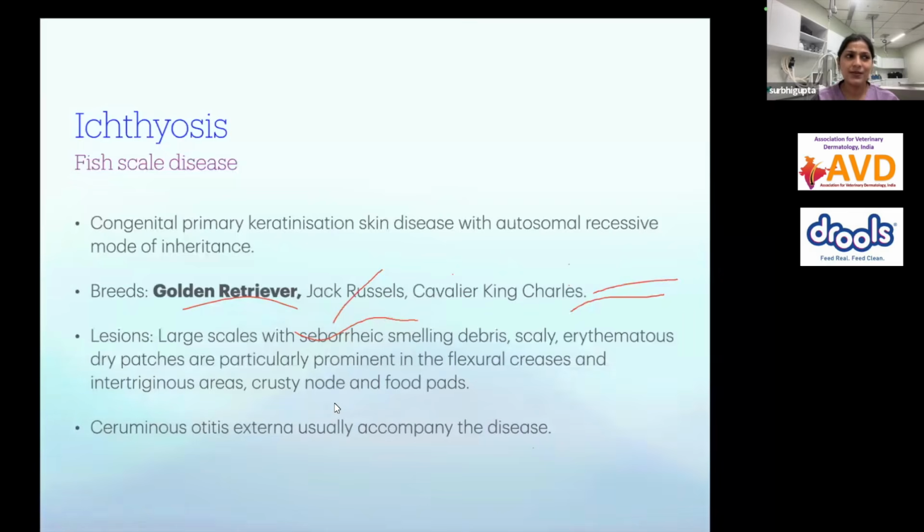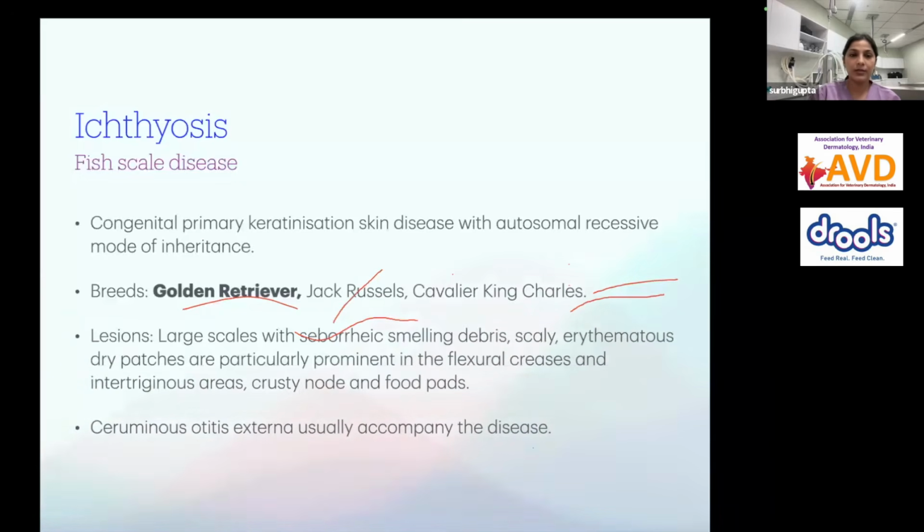It happens because of a problem with the filaggrin protein, or sometimes they don't have the cells which release the filaggrin protein. The skin, the underlying belly skin, is so dry and the scales are so stuck to it that when you remove the scale, it just keeps coming off as peels.